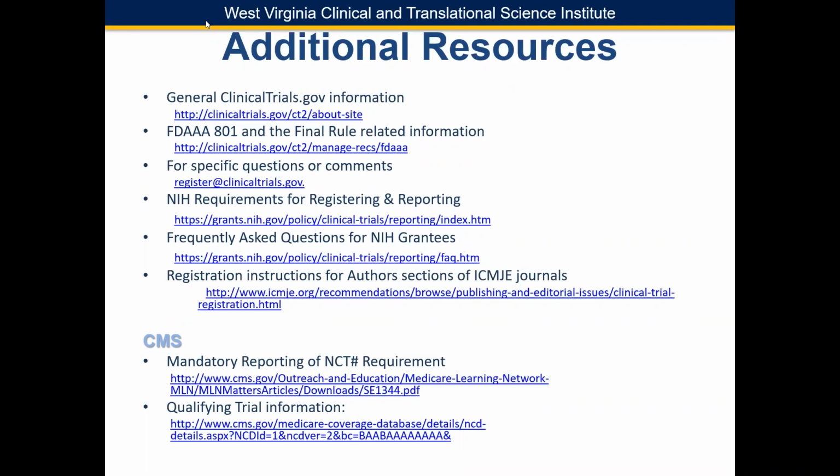Just stressing again for results, not to wait close to that 12-month period after the primary completion date to start entering, but to start the results reporting process several months prior.